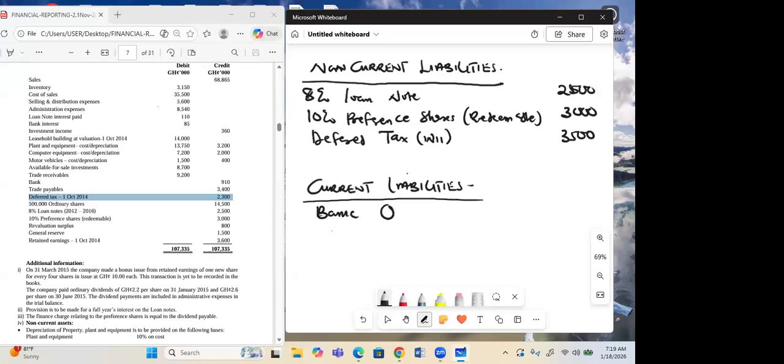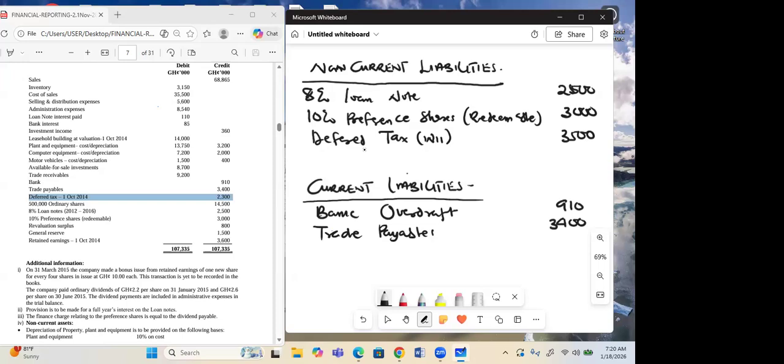So give me that bank overdraft figure. 910. Then do you have trade payables there? Trade payables from the balance is 3,400.